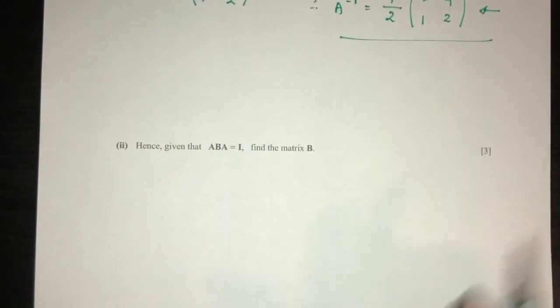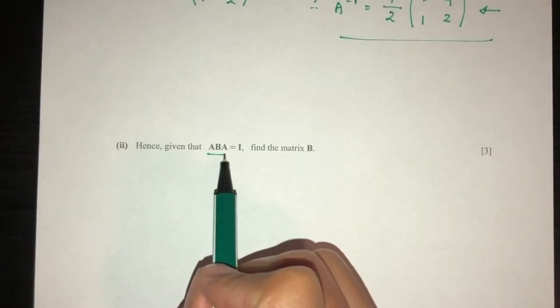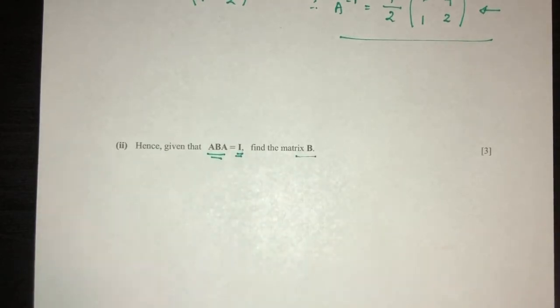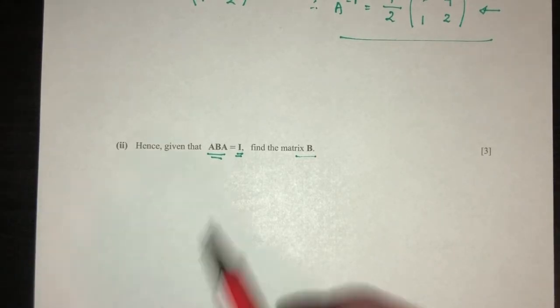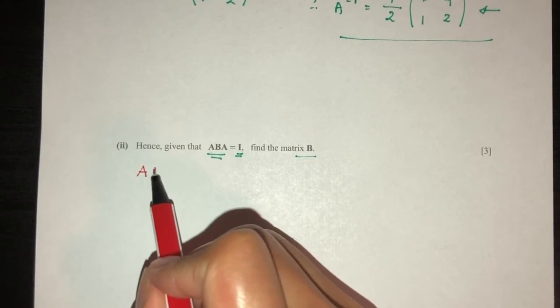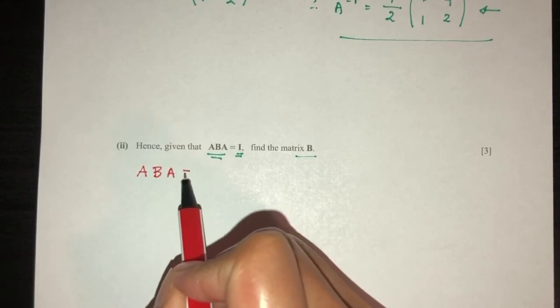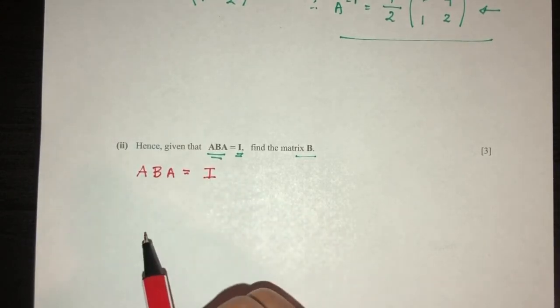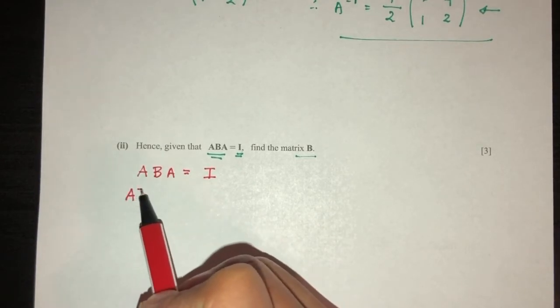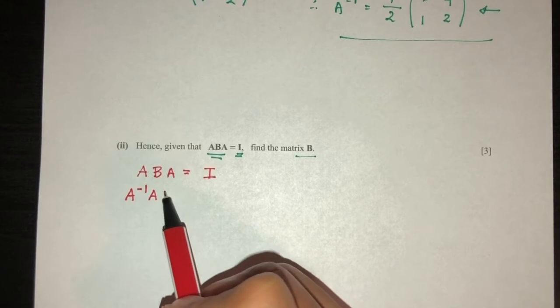Now for part 2, hence, given that we have this equation, find the matrix of B. So how would you find B? So we have to kind of play with this and see what's possible here. So ABA is equal to I. Okay, now how do you eliminate this one? You have to multiply by A inverse on both sides, right?